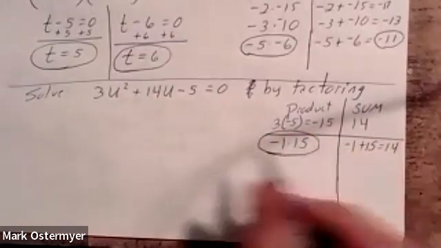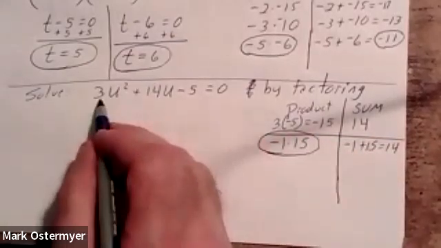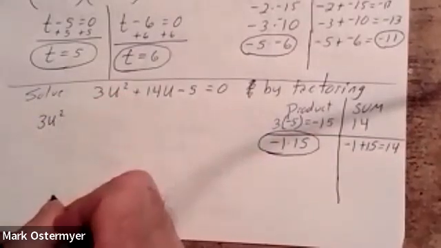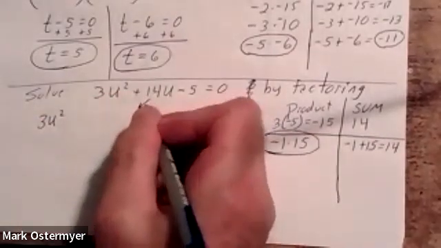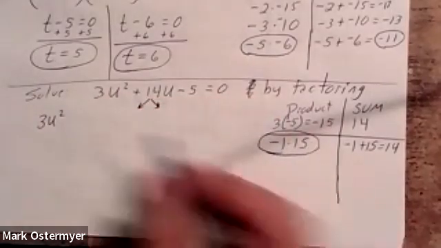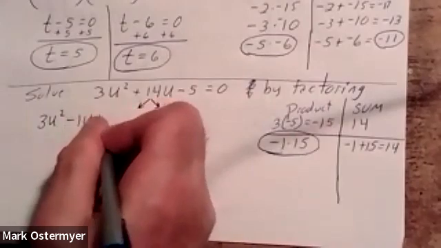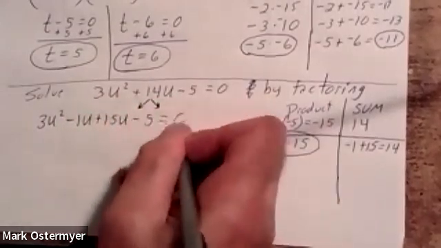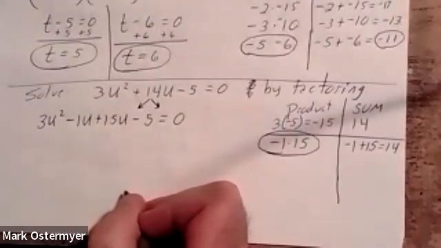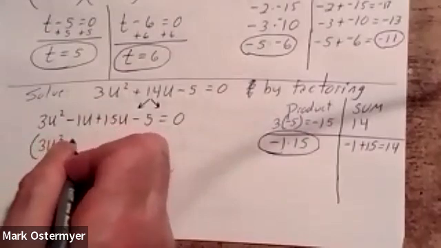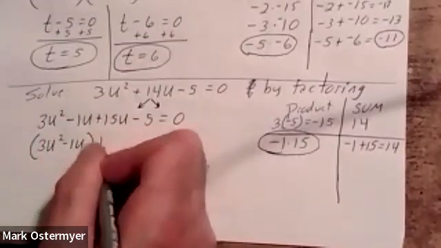We're now going to use these factors to factor this difficult trinomial. We do so by rewriting it as an equivalent 4-term polynomial, where the middle term gets split up and rewritten in the form of negative 1u plus 15u. Now that I have a 4-term polynomial, I'm going to group together my first and last two terms by placing them inside parentheses.